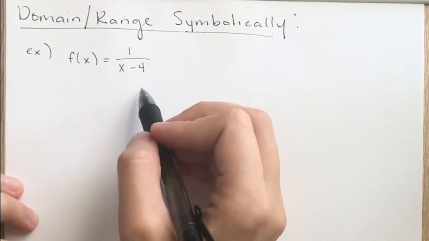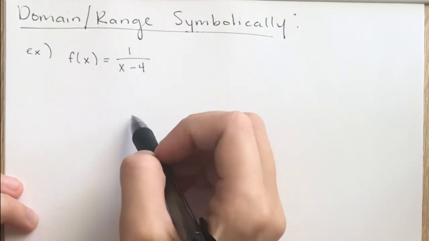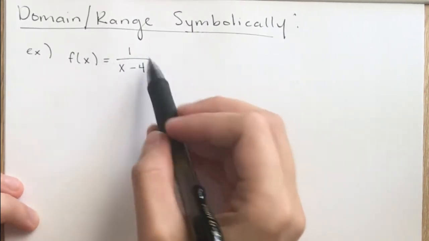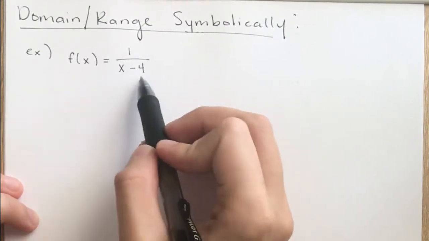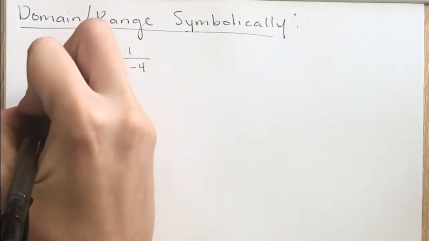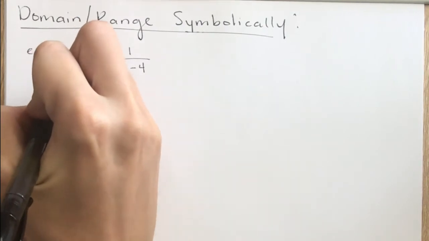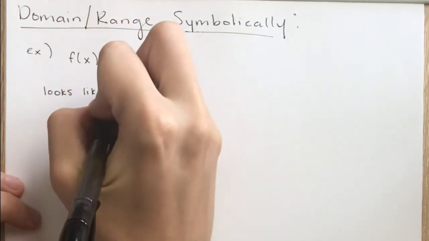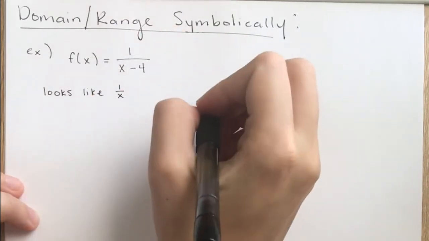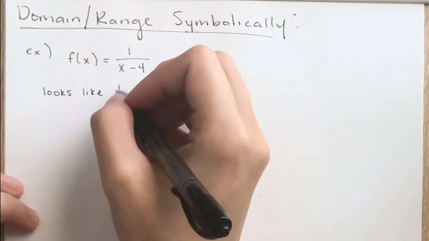Probably 1 over x, right? We've looked at 1 over x a bunch of times. The only difference here is that instead of the denominator just being x, we now have x minus 4. So this guy is gonna look like 1 over x, but what will be different about it?